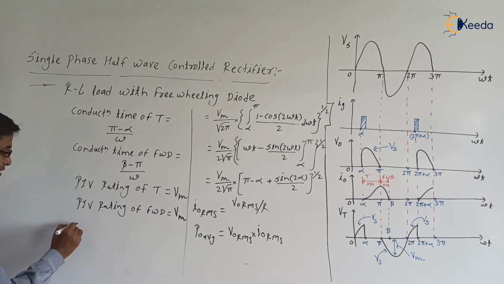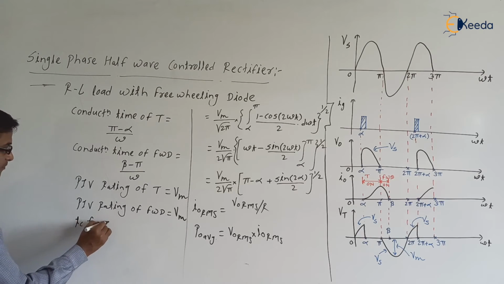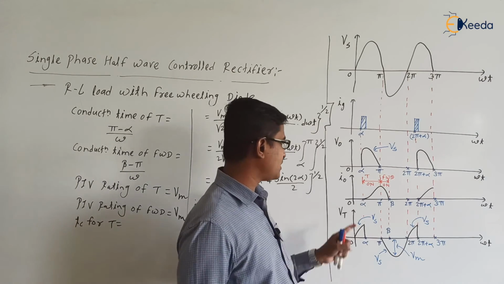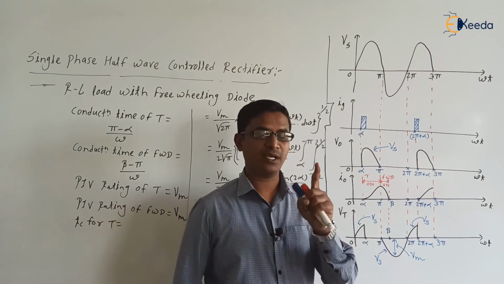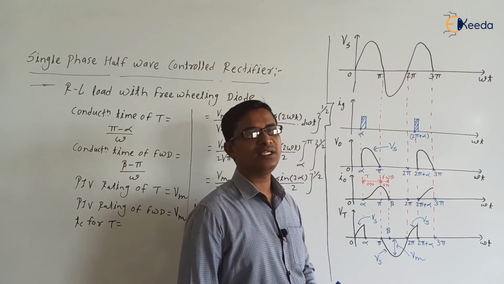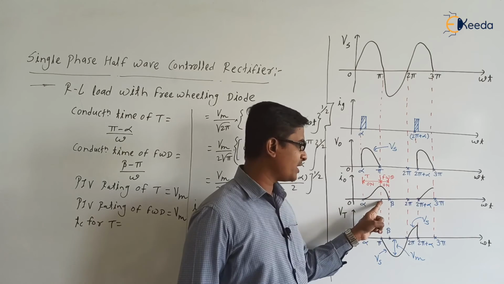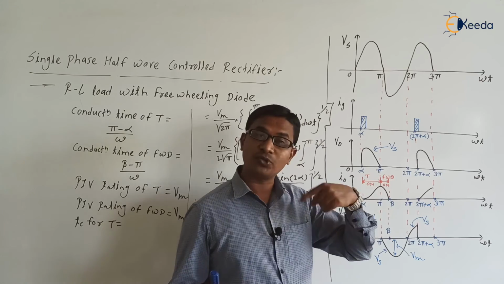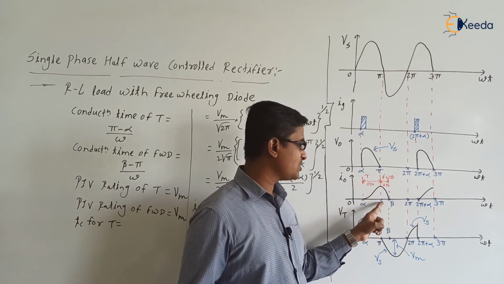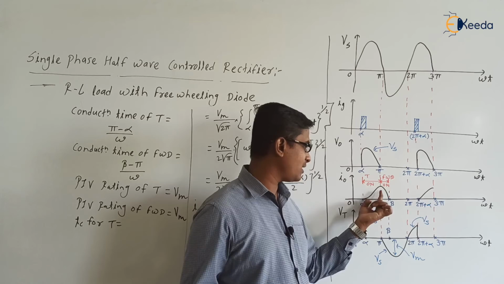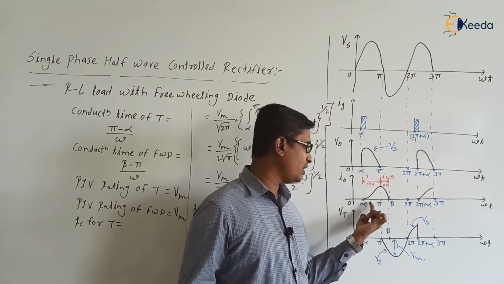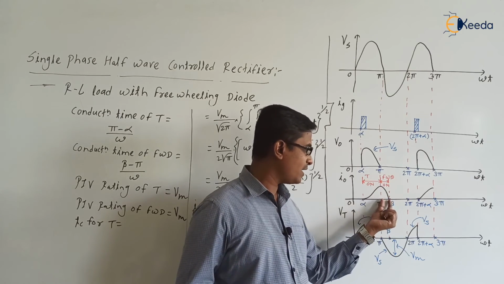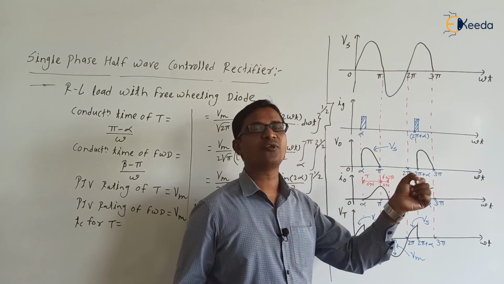Next, what is the circuit turn off time TC for thyristor T? If you check, the current flowing through thyristor T becomes 0 at omega t equal to pi. Be careful: I0 reaches 0 at beta, but the current flowing through the thyristor reaches 0 at omega t equal to pi, not at beta. This portion of I0 indicates the current flowing through the thyristor. The remaining portion from pi to beta indicates the current flowing through the freewheeling diode.